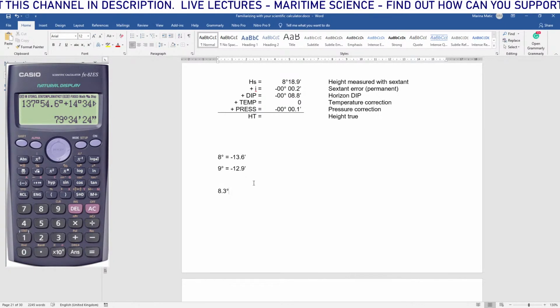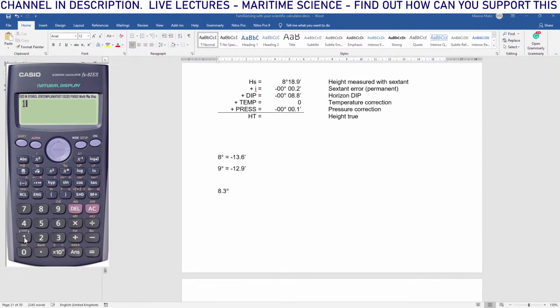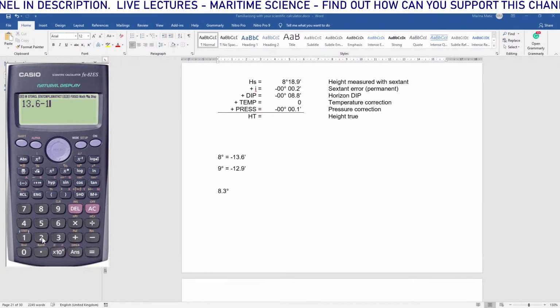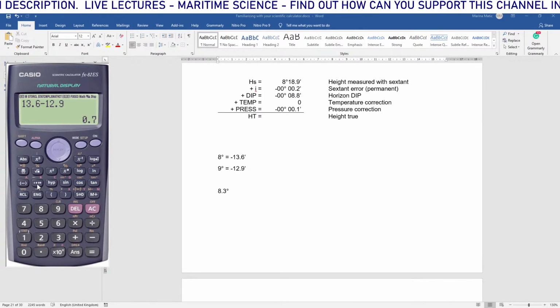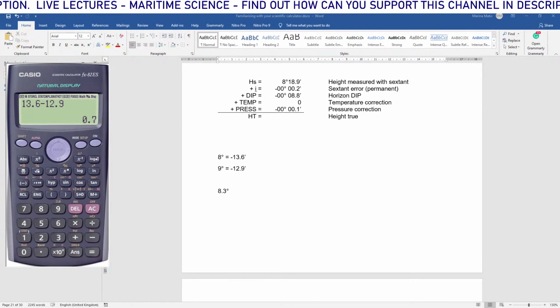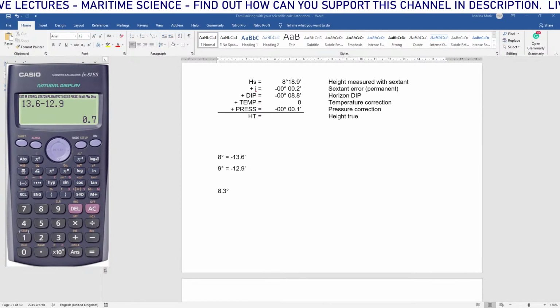I would not use calculator, but if we want to be precise, what we need to do is 13.6 minus 12.9 is 0.7. So the total distance between the value for 8 and value for 9 is 0.7. I need 30% of that 0.7.